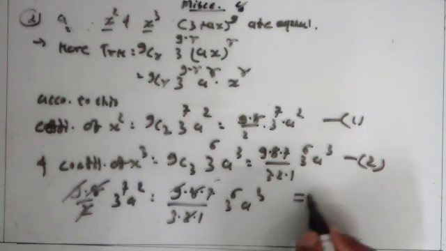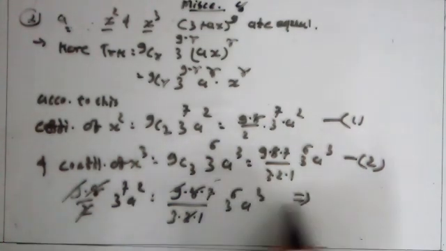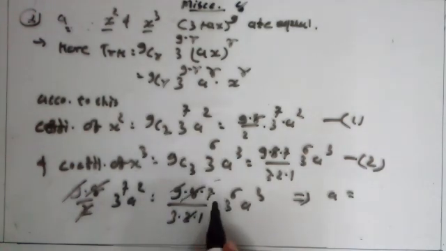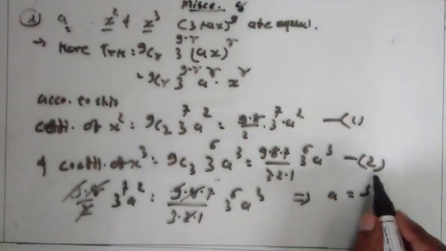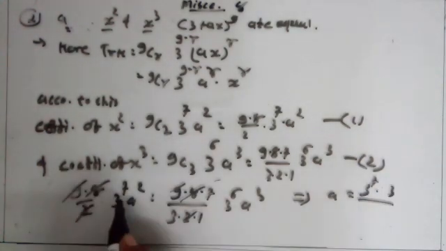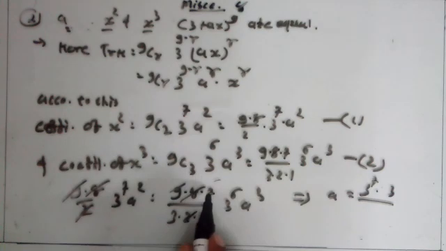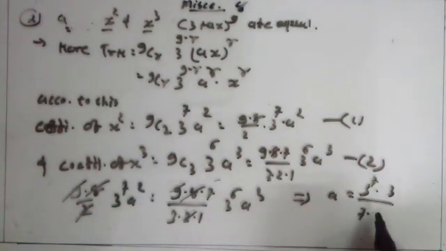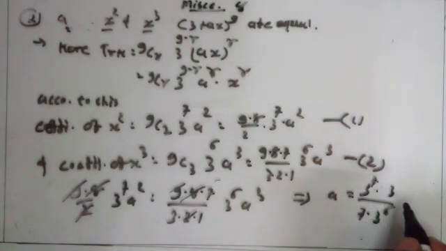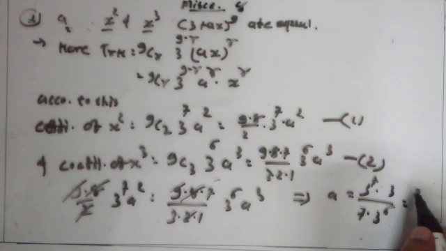Now simplify this, so this implies a raised to 3 upon a square is equal to a raised to 1 is equal to, now the remaining terms here are 7 into 3 raised to 6 upon 3, take this side, so we get 3 raised to 7 into 3 upon 7 into 3 raised to 6. 3 raised to 7 upon 3 raised to 6 becomes 3, so 3 into 3 upon 7.